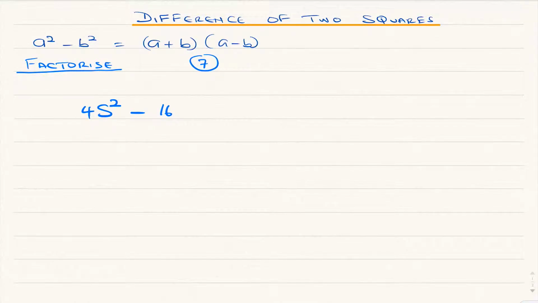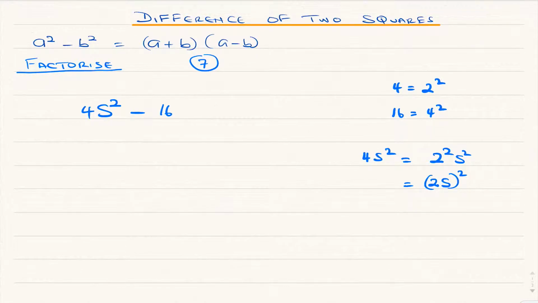Question 7. This is a different question now. First of all, 4 is 2 squared and 16 is 4 squared. So we can write 4s squared as 2 squared s squared. And because they are both squares, we write 2s squared.